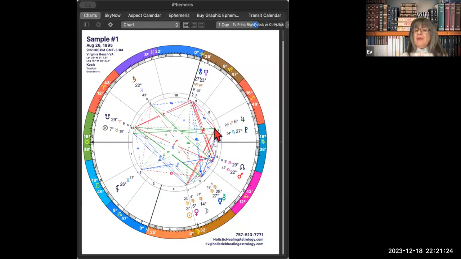But if it goes past Jupiter, so we have another dotted line here, that means that it's gone past and it's separating from Pluto. So that's advanced.